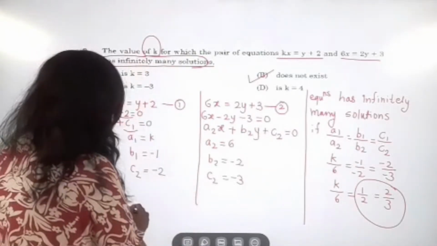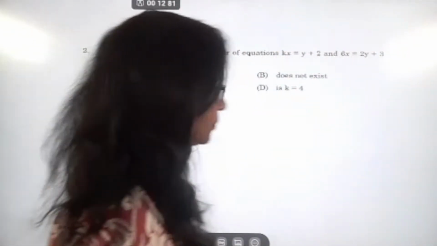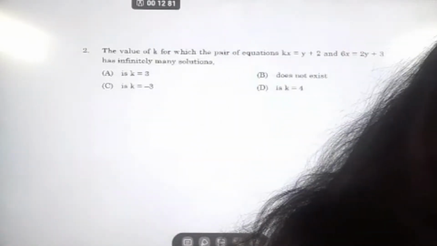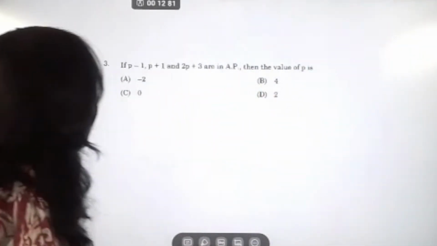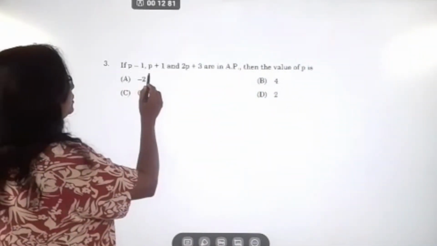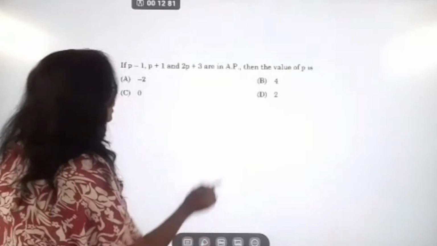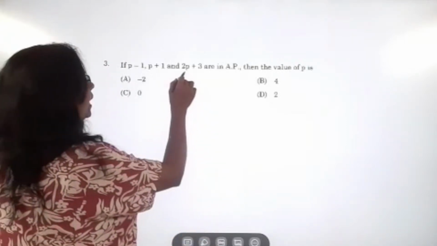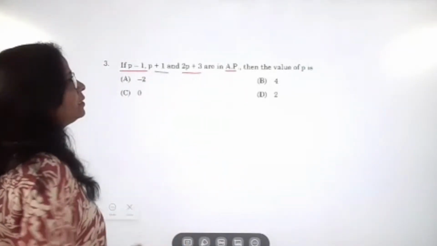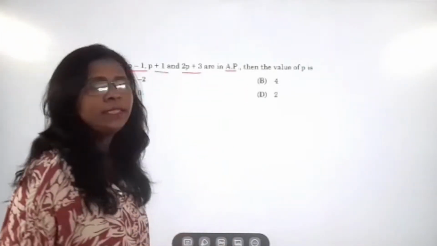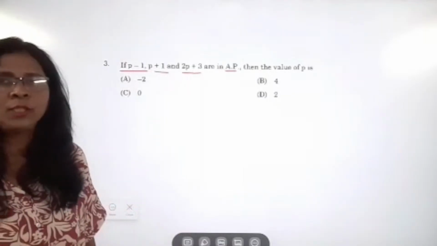Next one students, next example. Third one. If p minus 1, p plus 1, 2p plus 3 are in AP, then the value of p is, yes students, we have to calculate the value of p.